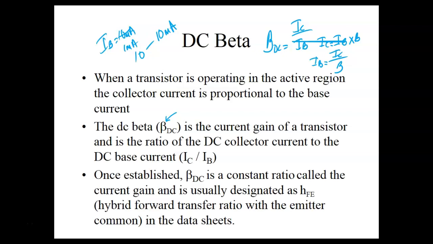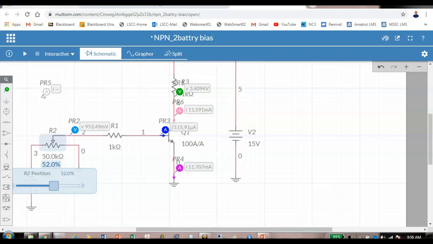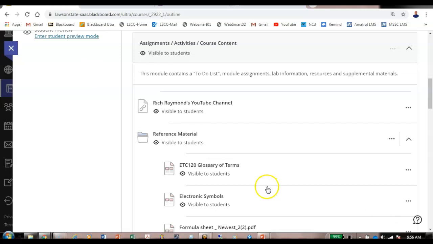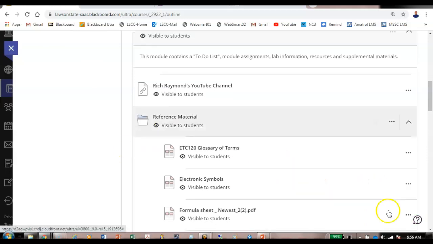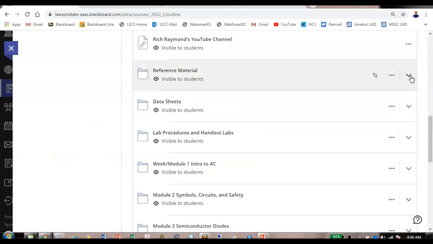Once established, beta is a constant ratio called the current gain, usually designated h sub FE in the data sheet, which stands for h-parameter forward transfer ratio with the emitter common. We'll look for that in the data sheet, but it'll also be called current gain. Over here in reference material, we've got a whole section on data sheets because it's so big.